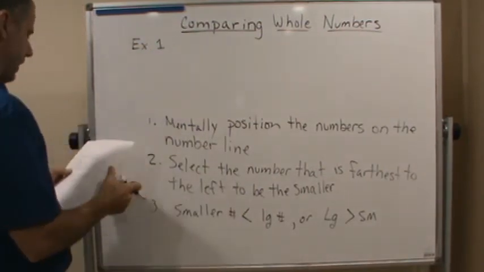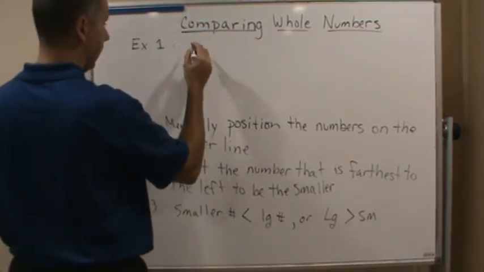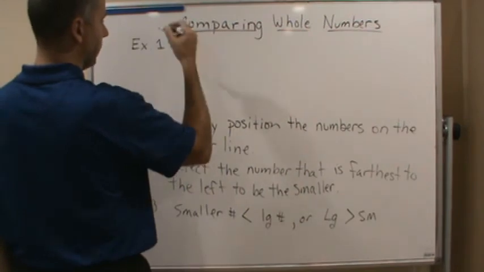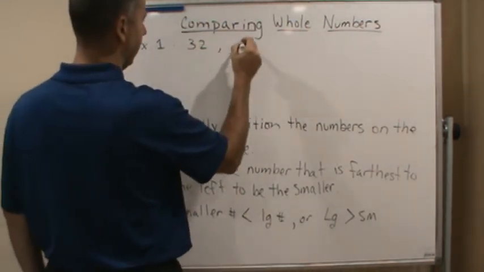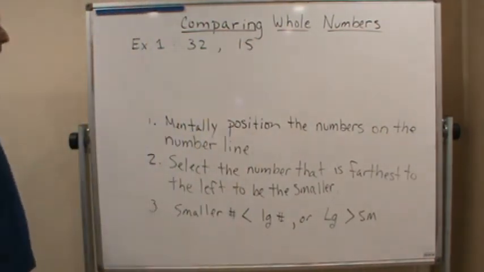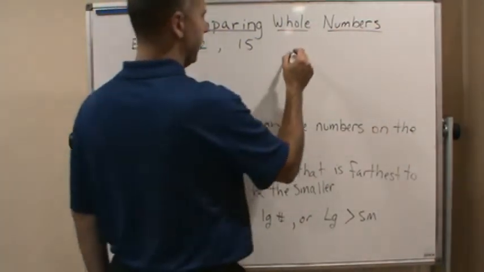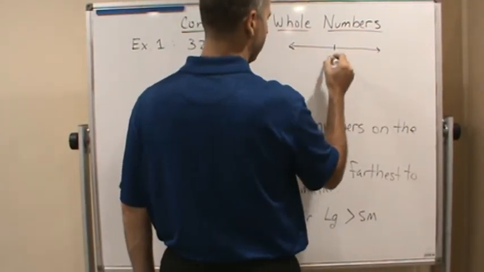Okay. So for the example, let's say we want to compare, and we could choose any two numbers, 32 and 15. The first thing we do is mentally position them. You can write this down or you can do it mentally.